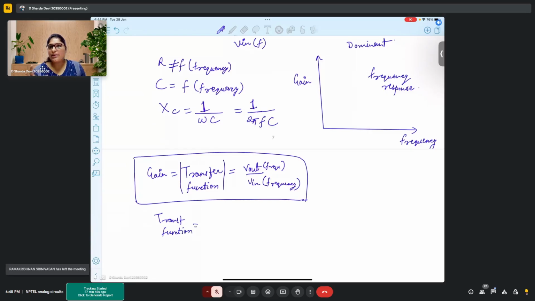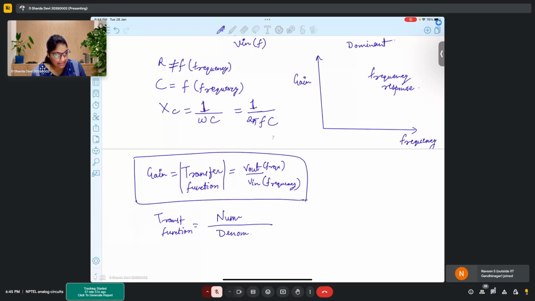Now, these transfer functions always come in a fractional form, or you can convert them into a fractional form. So it will have some numerator and some denominator, right? And which will be a function of frequencies. So now when you solve your numerator and you find the solution to your numerator, how do you find the solution?